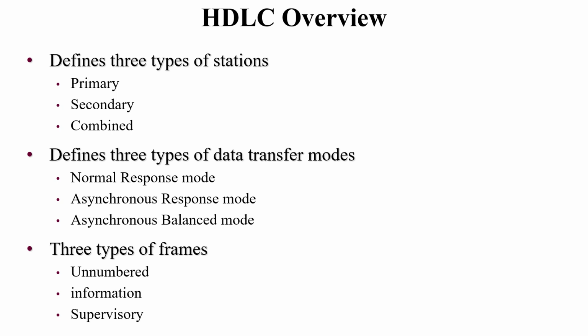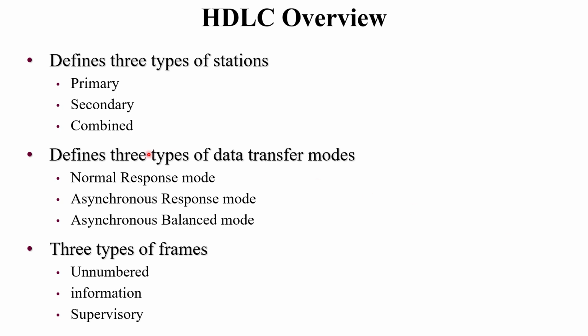HDLC defines three types of stations: primary, secondary, and combined. The primary station controls the communication process. The secondary station responds to the primary's commands, and the combined station can act as both primary and secondary.